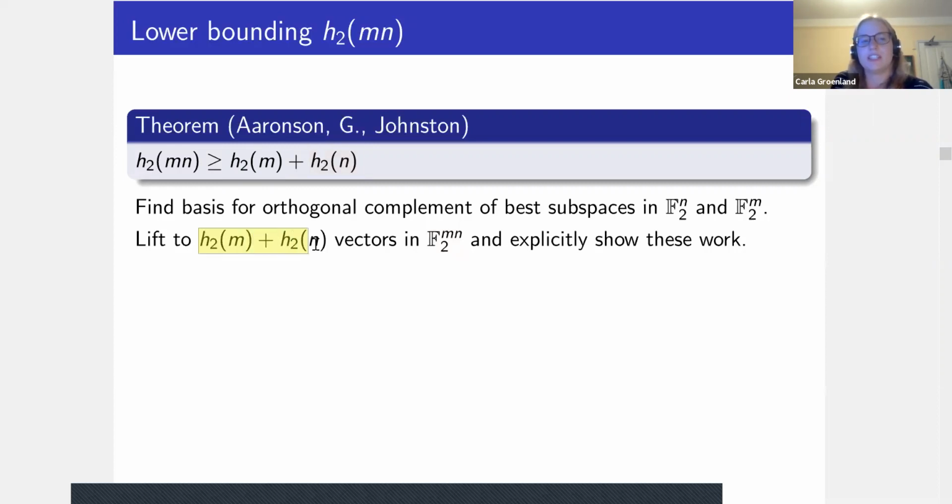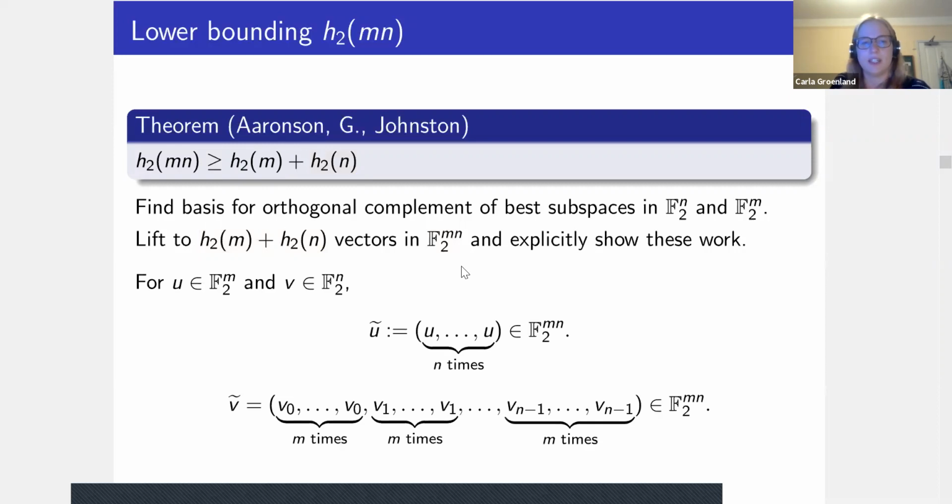This way we get h2 of m plus h2 of n vectors in our bigger space. And then the only thing to do is to show explicitly that these work as well. In this case we have some kind of explicit construction that plays nicely with the shifts. After that, it's just a bit of calculations.